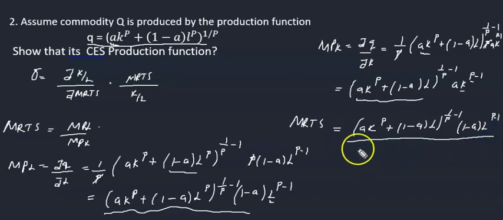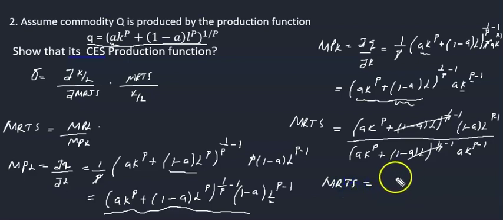Then we will have everything over A K to the P plus 1 minus A L to the P, power 1 over P minus 1, then A K to the P minus 1 like that, the one we had here. So we can notice in here that this power root of the expression is cancelling with that, and we're just remaining with MRTS equal to 1 minus A, L to the P minus 1, divided by A, K to the P minus 1 like that.